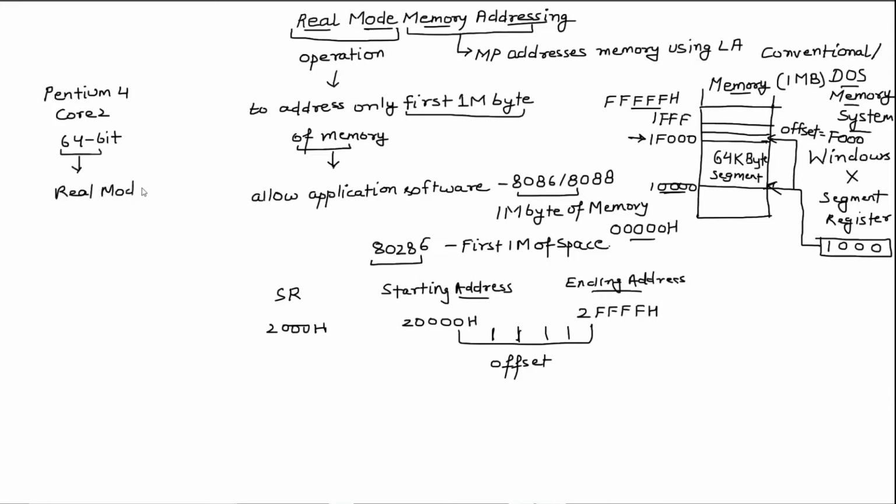This is an important thing to understand here: if a processor is running in 64-bit, it cannot run in real mode. So how will DOS applications run on such a system? We will have to use some kind of emulator techniques, so we will have to write an emulator that will run DOS in real mode.